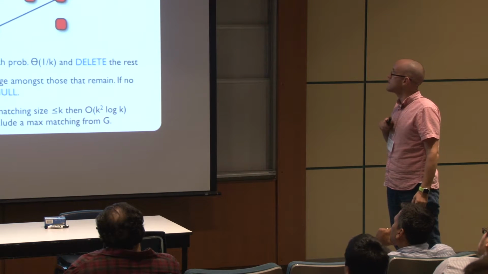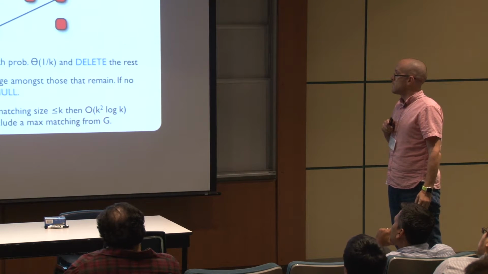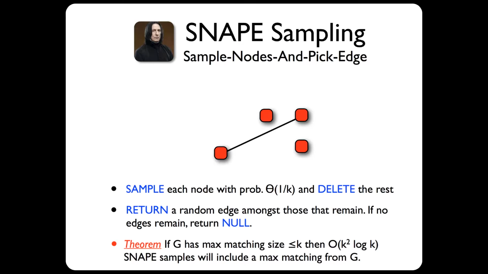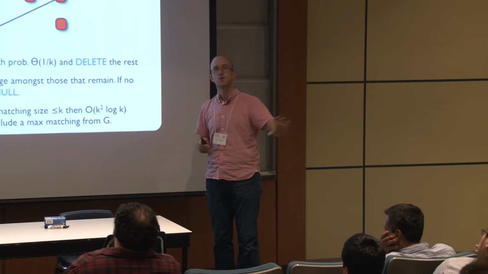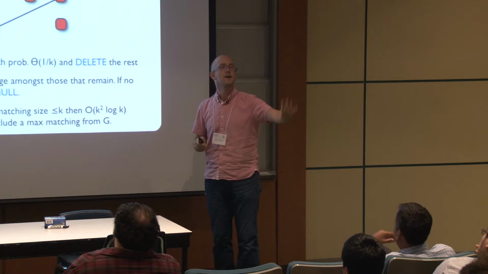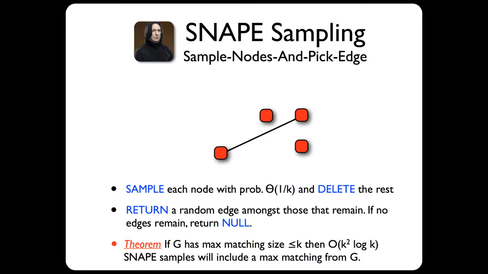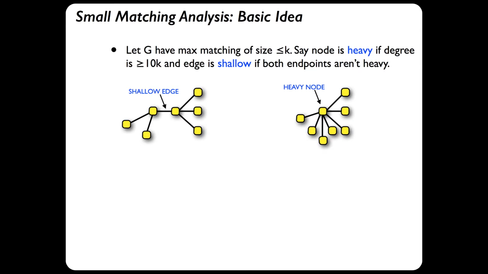If you're familiar with kernelization and parameterized complexity, this is essentially kernelization via sampling. Any questions so far about the statements? I'm not going to go through the entire proof in detail. I'm going to give you enough so that you can work it out on the train or the plane back home. Or if you're really awake, you can work it out now.